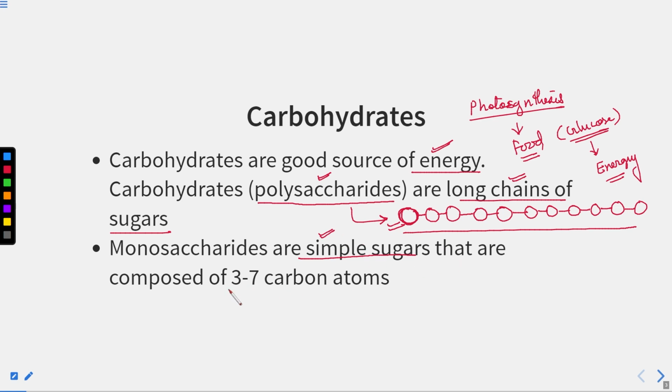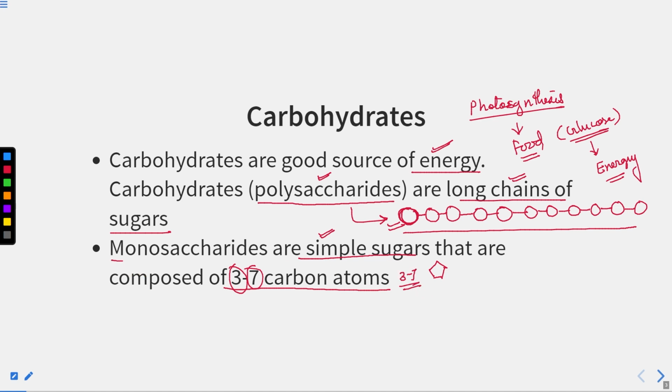And they are composed of 3 to 7 carbon atoms. So this is one particular molecule, and this molecule can have 3 carbons, 4 carbons, 5 carbons, 6 carbons, and it can also have 7 carbons. That is why 3 to 7 carbons.